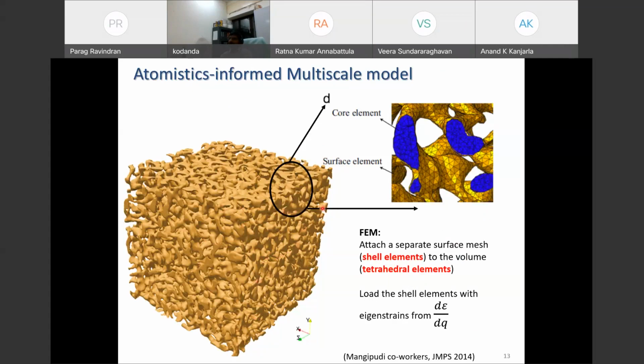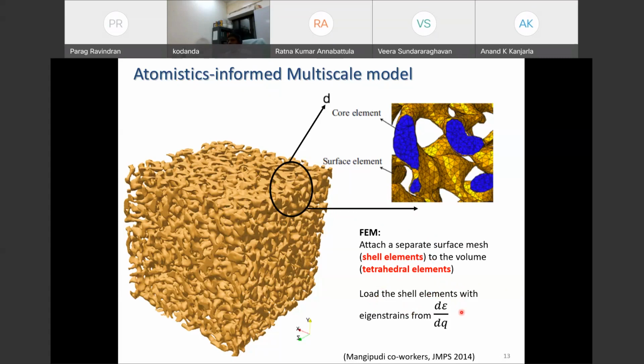In the continuum approach, we will treat this nanoporous gold volume as a bulk material attached with a membrane. So when you discretize it in FEM, we have a solid core that goes as a regular continuum, and then we attach to it a surface which will be meshed with shell elements. And to the surface, then we want to put some strain. That's the easiest way you can implement it.